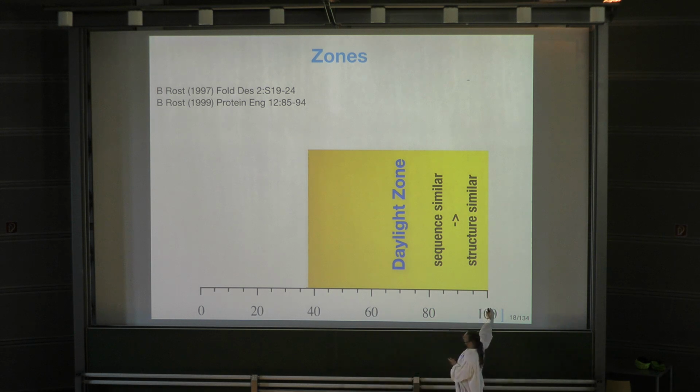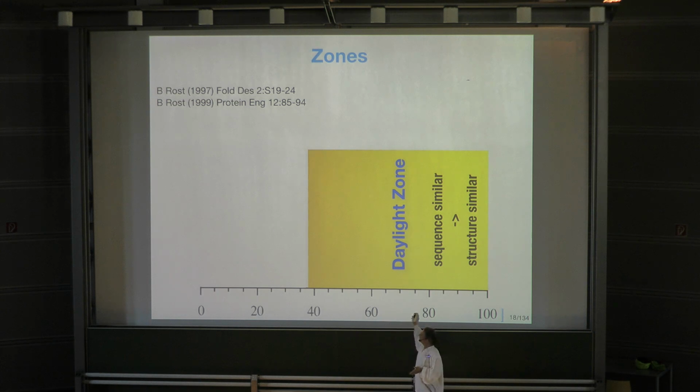So it's clear that at some point here it's no longer trivial that two proteins are similar in sequence, in structure and function. Still, there's a region that we typically refer to as the daylight zone, where if I have this level of sequence identity, these two proteins essentially are similar.